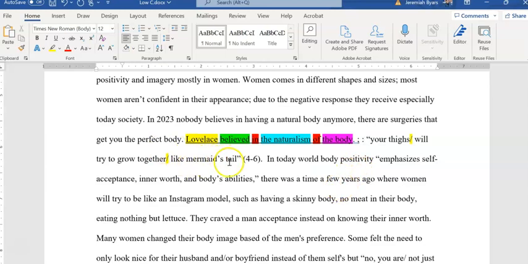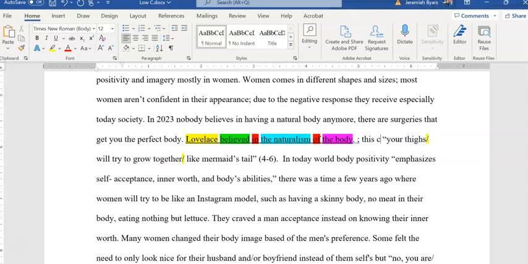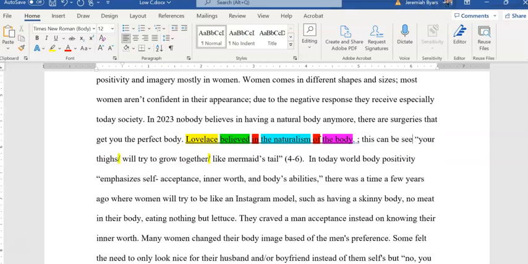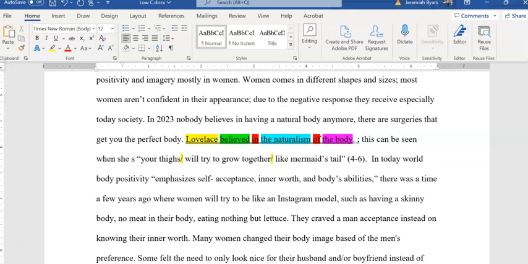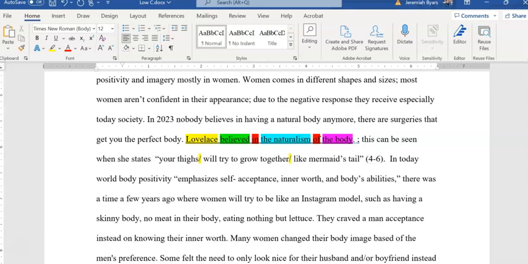Lovelace believes in the naturalism of the body. This can be seen when she states how your thighs.